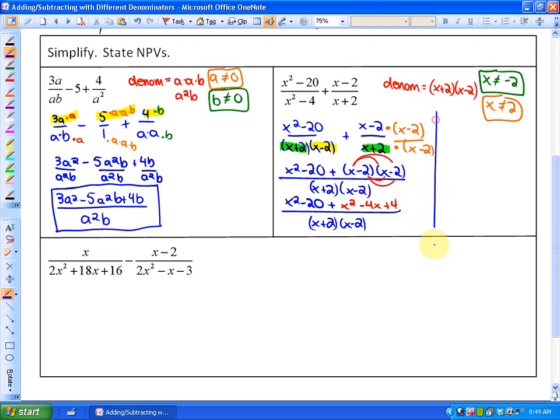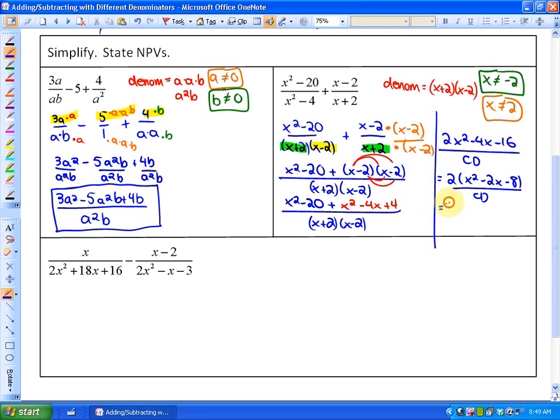And what we can do now is simplify our numerator, collect our like terms, and that would be 2x squared minus 4x minus 16 all over, and I'll just put CD for common denominator. If we factor our numerator some more, we have a greatest common factor of 2, so that's going to be x squared minus 2x minus 8 all over our common denominator.